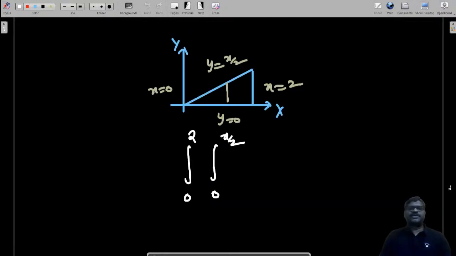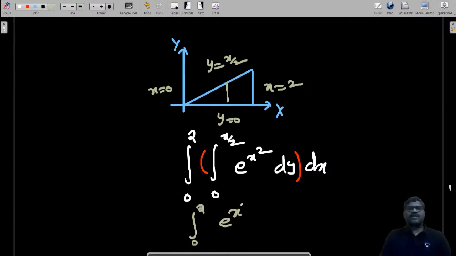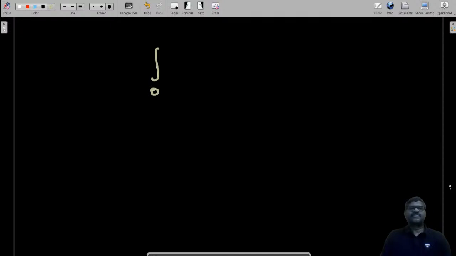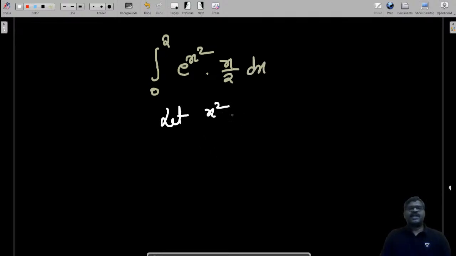E power x square dy dx. E power x square into integral dy is y, 0 to x by 2 dx. Integral 0 to 2, e power x square into x by 2 dx. Let us take x square is t. 2x dx is dt.